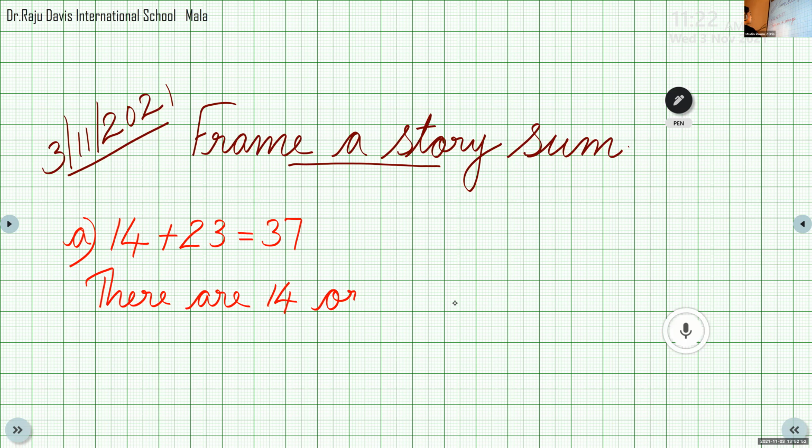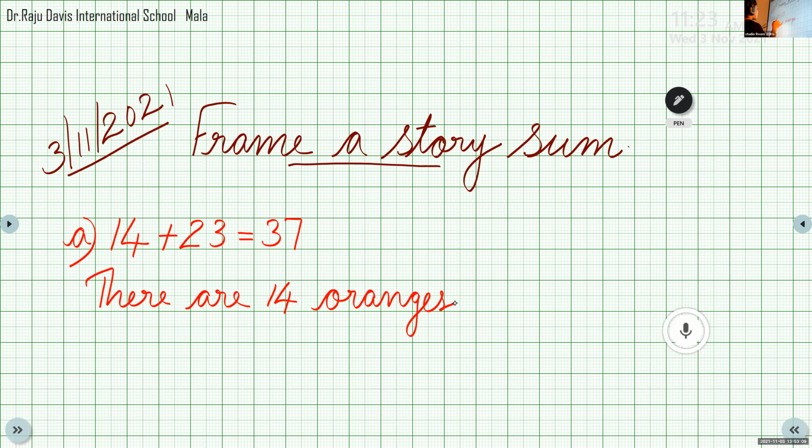And the next number is 23, isn't it? In this question, the first number is 14 and the second number is 23. We can frame the story by ourselves.